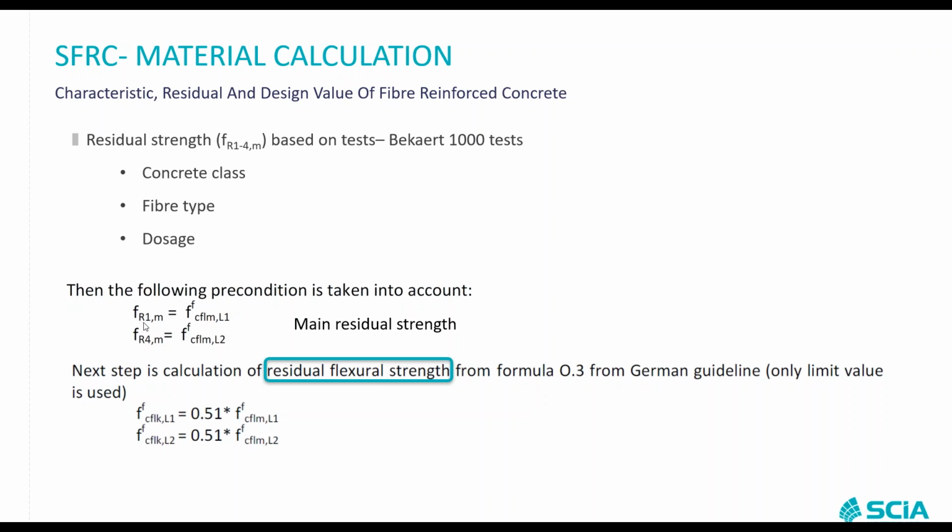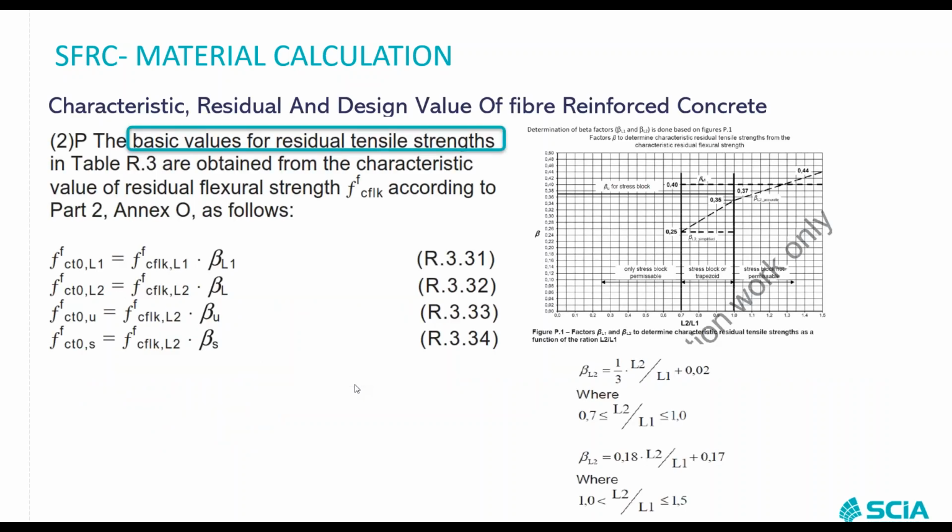We are assuming the value of this residual strength is equal to that value. Then this value will be multiplied by a factor from the German guideline to obtain the residual flexural strength. Then the next step, the value from the previous stage will be multiplied by a beta factor to obtain the basic value for the residual tensile strength.